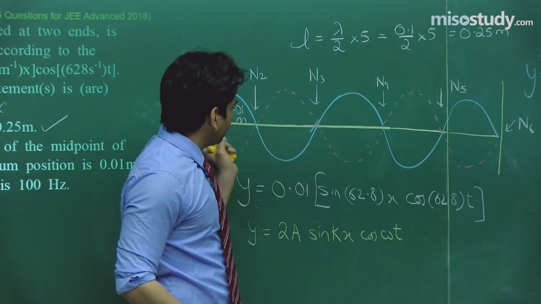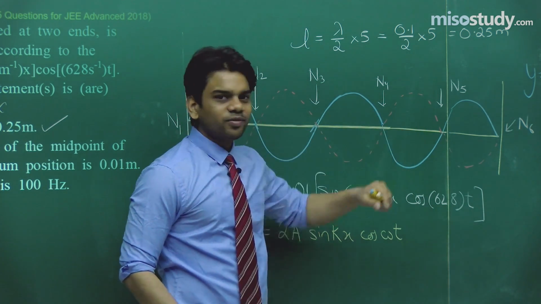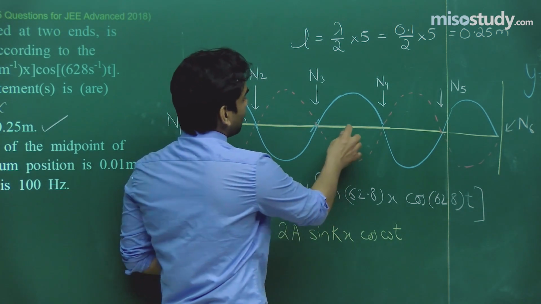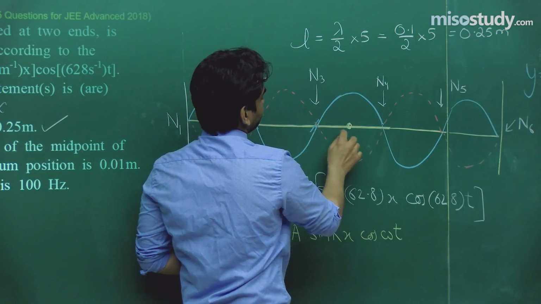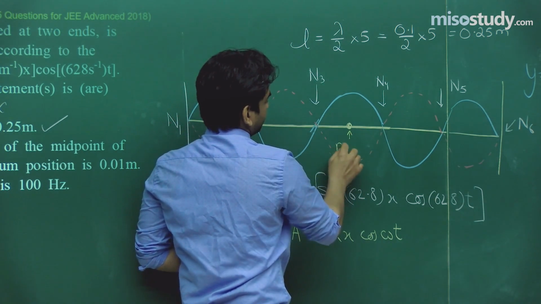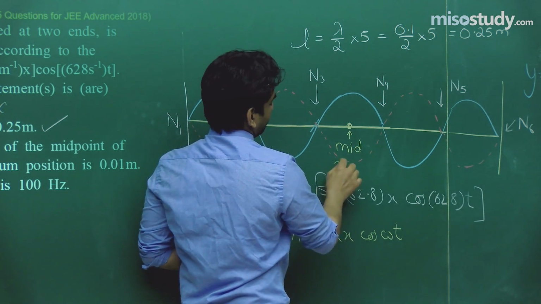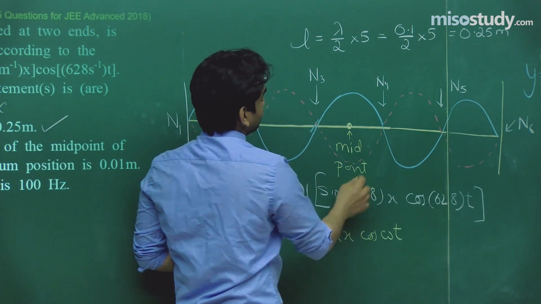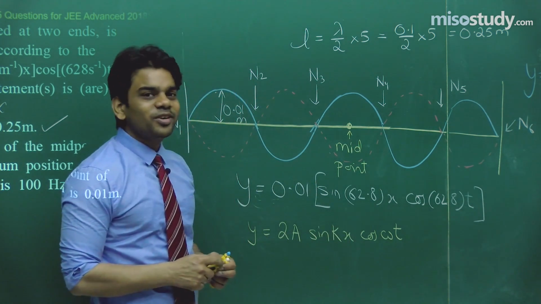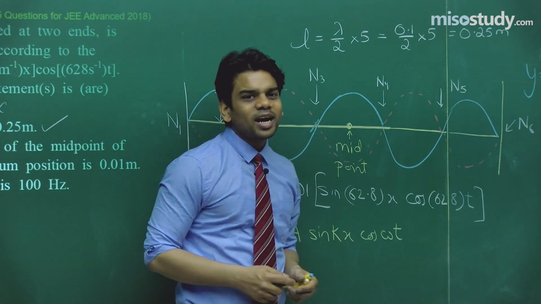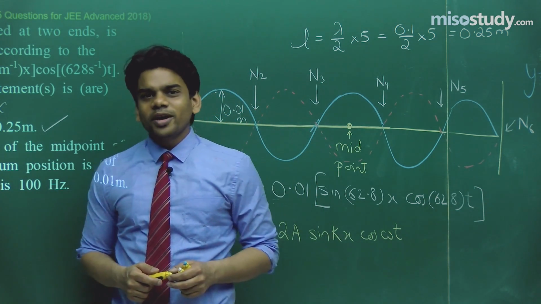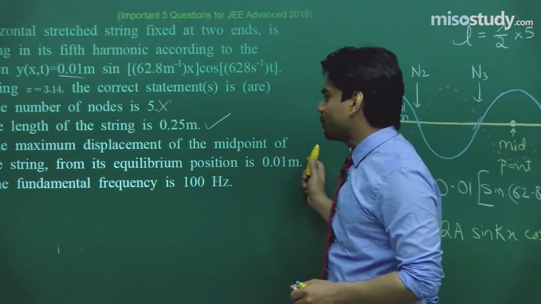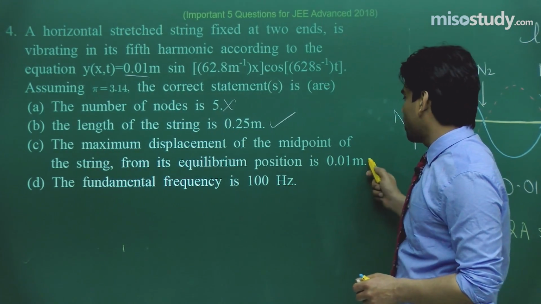So this part will be the midpoint. The maximum displacement of the midpoint is equal to the amplitude, that is 0.01 meter. So yes, the statement is correct.